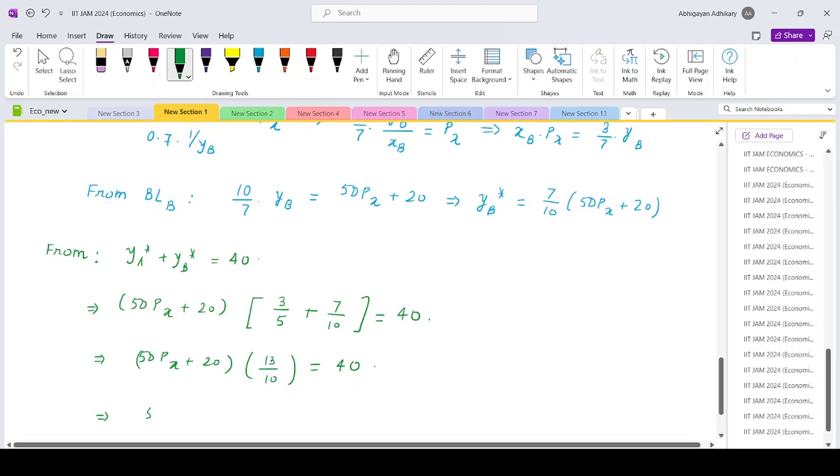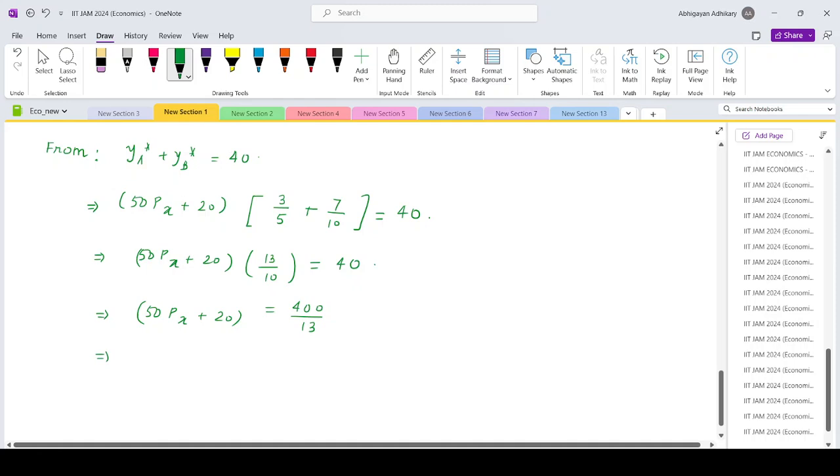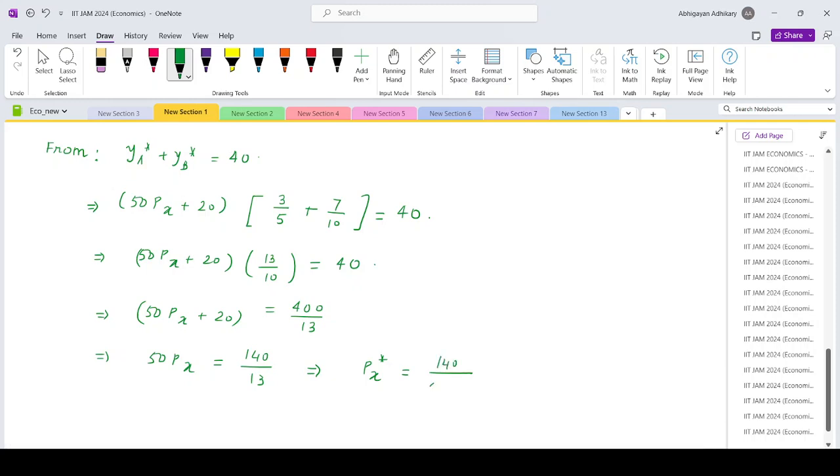So 50 Px plus 20 is equal to 400 by 13. So 50 Px would be 400 minus 260, 140 by 13. So the equilibrium price would be 140 by 50 into 13.